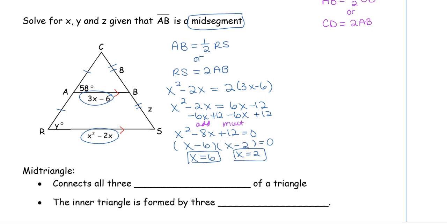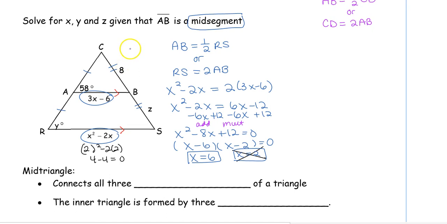If we go back and we start plugging these values in, and I plug them in here, 2 squared minus 2 times 2, that ends up being 4 minus 4, which is 0. If it's 0, then the segment's not existing, which means 2 is not going to be our solution. We have one solution for x, equaling 6.